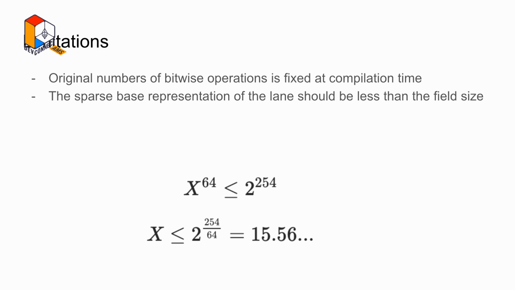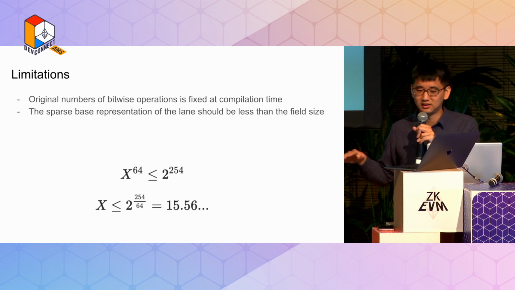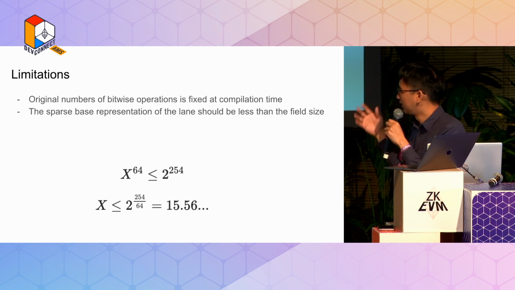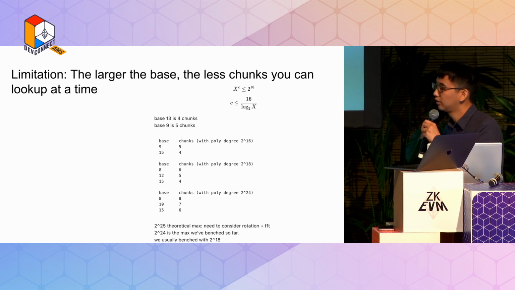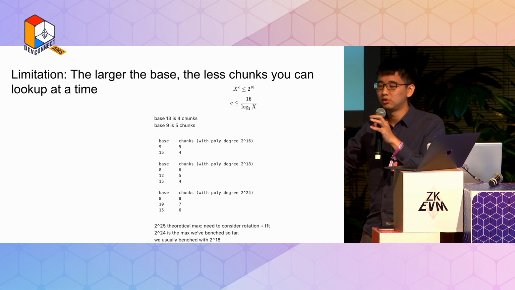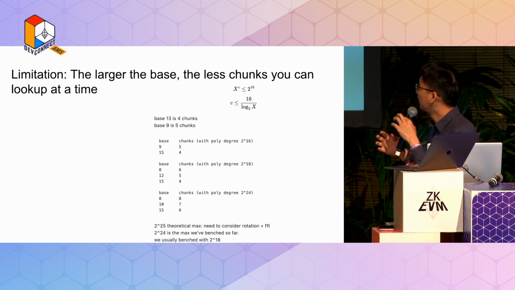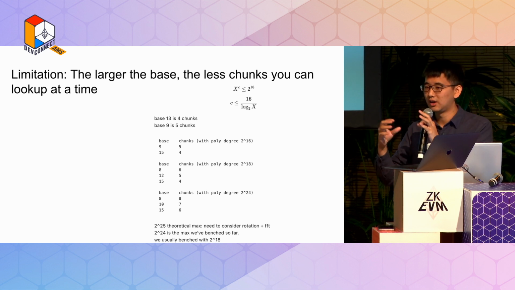For example, the base size cannot be arbitrarily big. We are operating on the BN curve, so you only have 254 bits, and that means your base cannot be greater than 15. And also, the larger the base you use, the fewer chunks you can look up at a time.